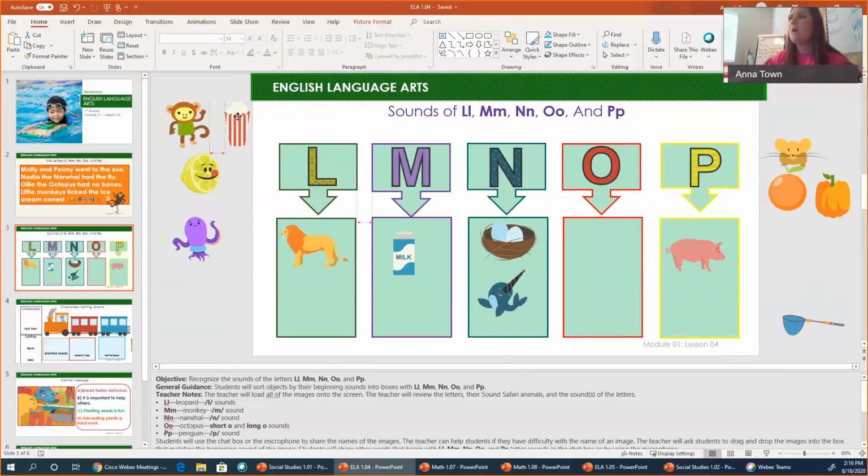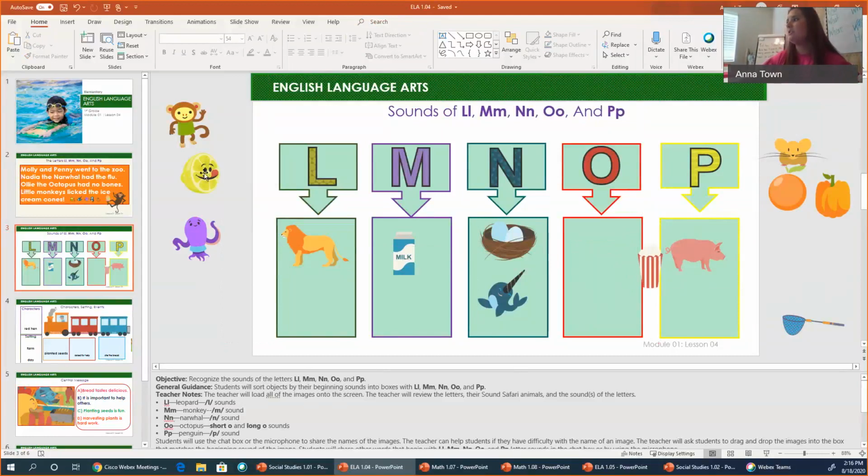Right here we have a picture of popcorn. Where should we put that? P. And it can fit in the O category too because it has the ah sound. So popcorn, P. Popcorn is in the middle, like in O. Let's take a look at the picture of the lemon.